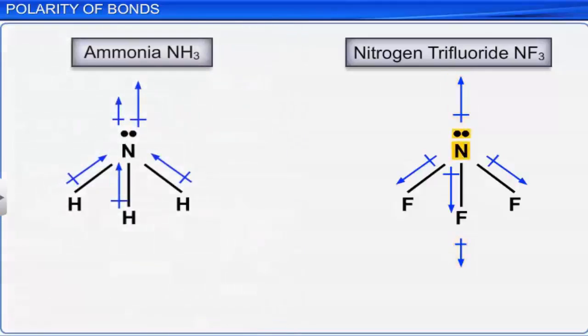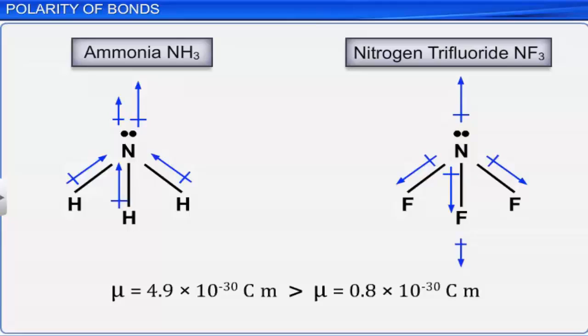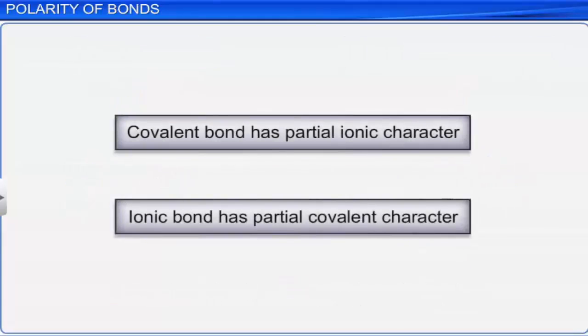Hence, the dipole moment of ammonia is more than that of nitrogen trifluoride. Hence, we can conclude from the polarity of bonds and dipole moment that a covalent bond has a partially ionic character.